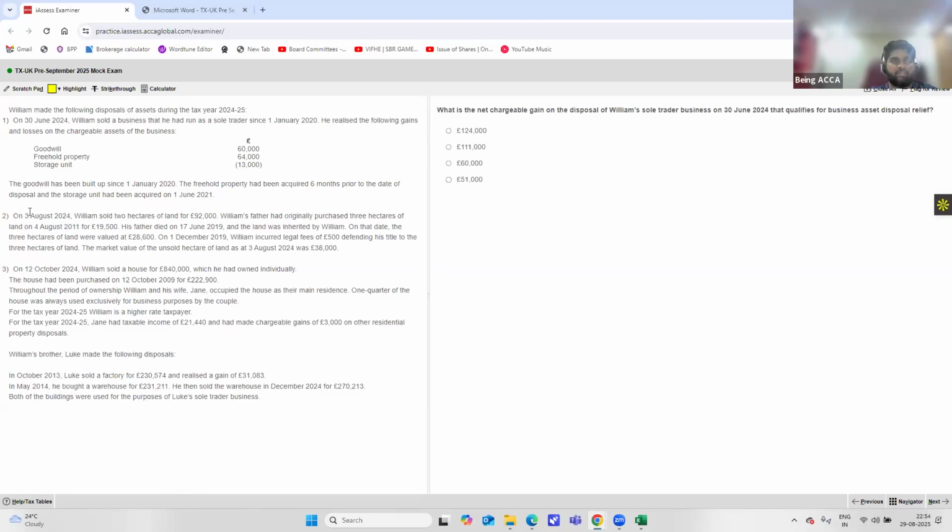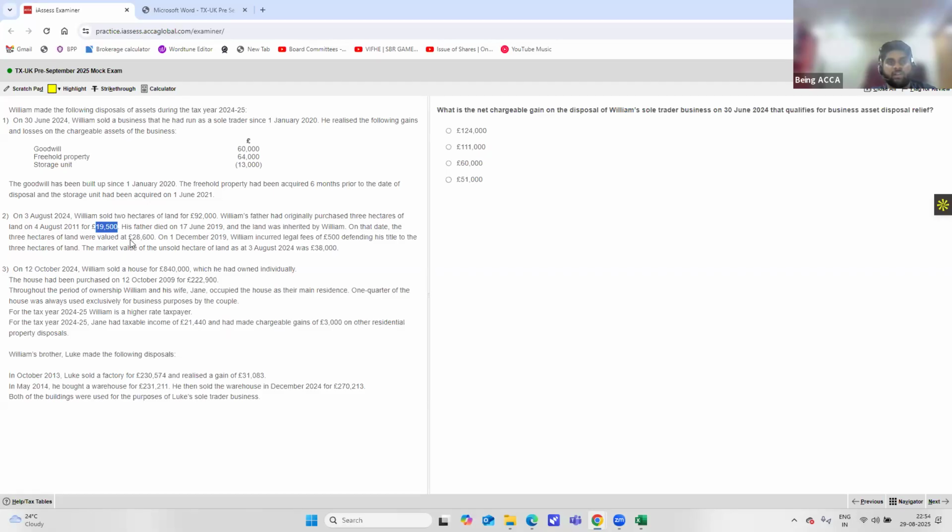So coming to the second part of the question. On 3rd August 2024, William sold 2 hectares of land for 92,000. William's father had originally purchased 3 hectares of land for 19,500. His father died on 17 June 2019, and the land was inherited by William. On that date, the 3 hectares of land were valued at 28,600. So now, what would be the cost over here?